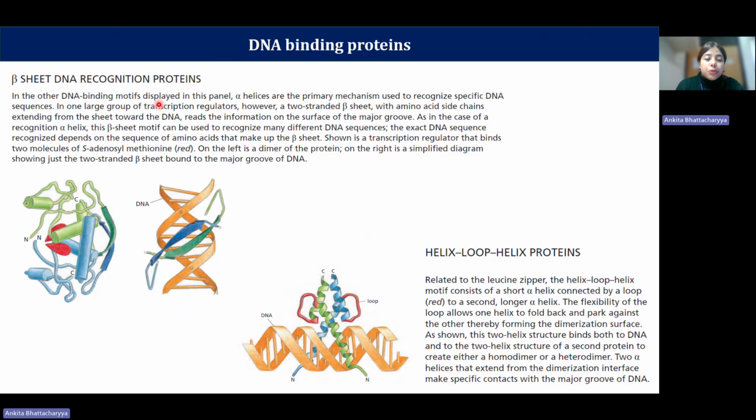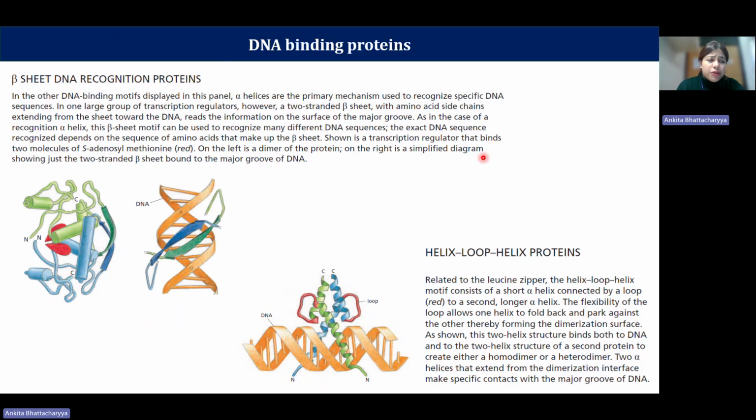However, there's one group of transcriptional regulators which assume a two-stranded beta sheet structure with amino acid side chains extending from the sheet towards the DNA, reading the information which is present on the major groove surface. Now, this beta sheet motif also is capable of recognizing multiple different DNA sequences. The exact DNA sequence recognized depends upon what amino acids are actually part of that particular beta sheet.